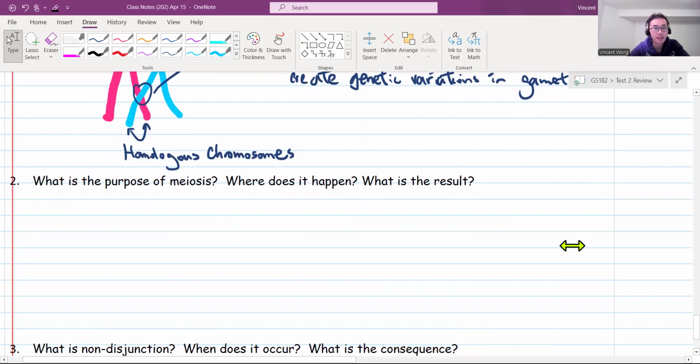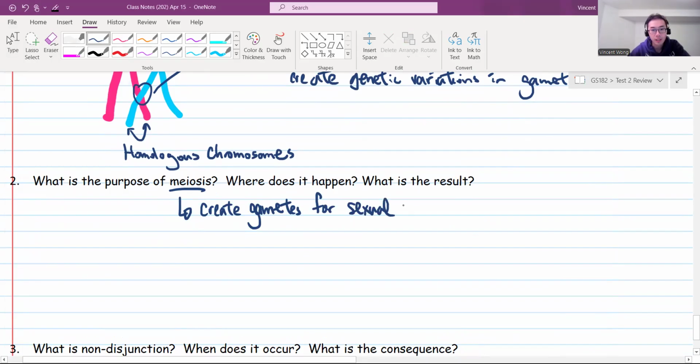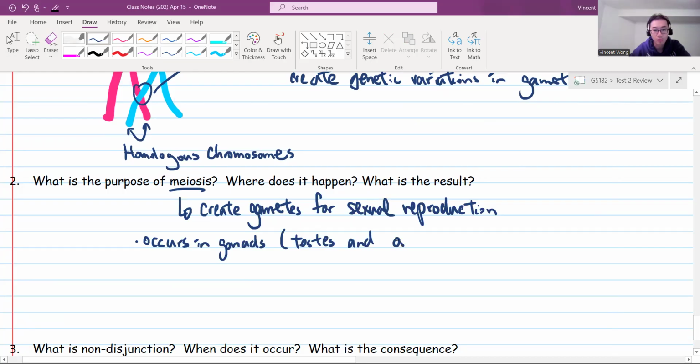What is the purpose of meiosis? Sexual reproduction. Create gametes for sexual reproduction. Where does it happen? The gonads, right? Which is the testes and ovaries.